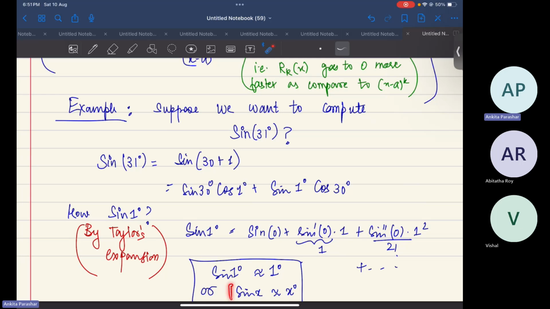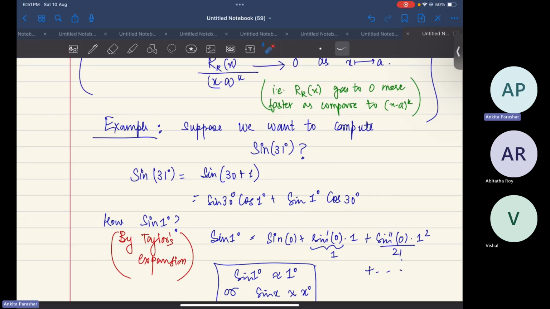In fact, it can be written for any degree x. So you do not know the value exactly, but you can write that it is approximately sine 30 plus cos 30. Isn't it? These particular approximations were used in physics for derivations.